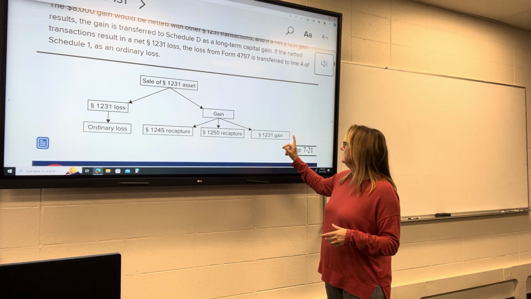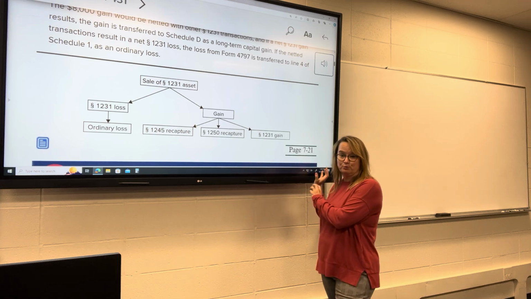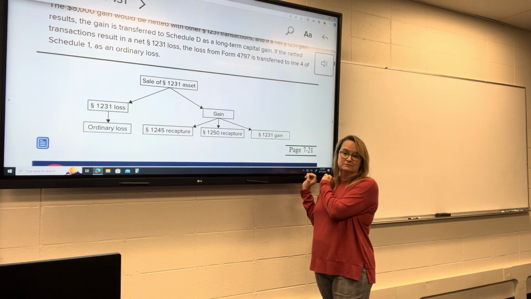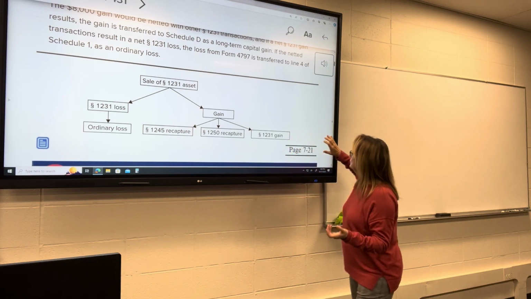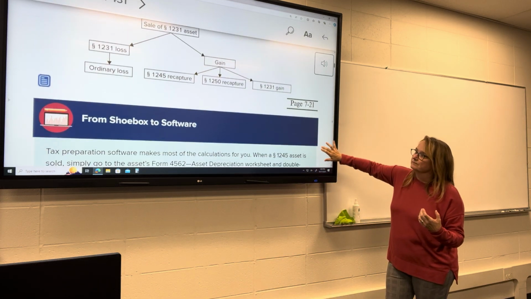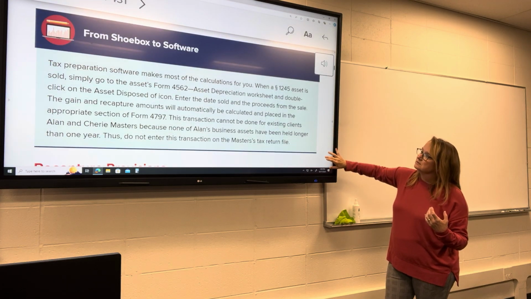Or we may just have the 1231 gain, which is not the recapture portion. It's the appreciation, right? How much did it appreciate in value? And there's a lengthy example here in this chapter to show you.